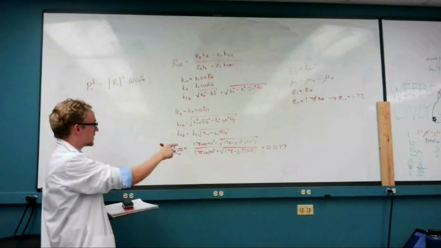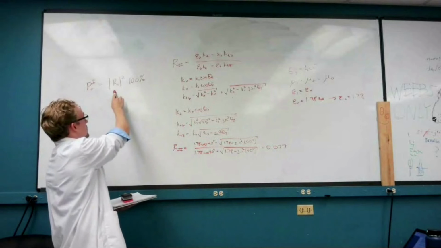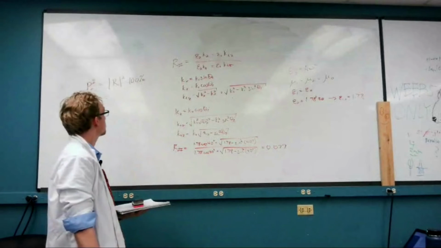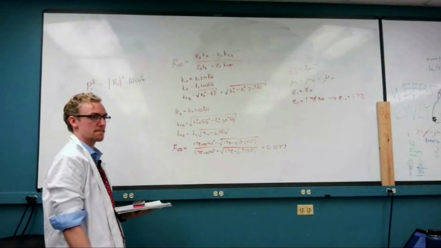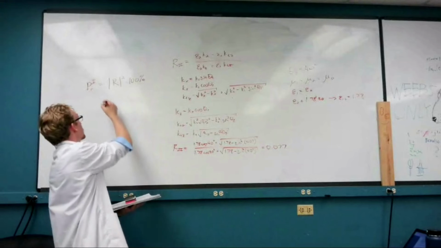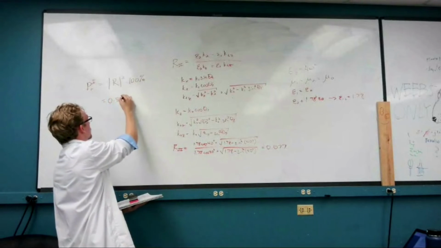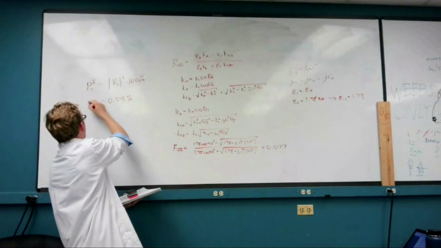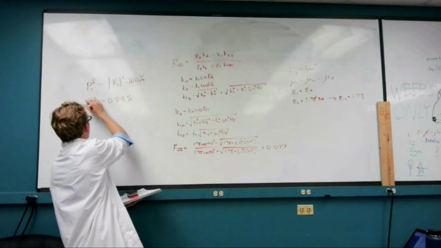So if you were to put this R value into here, what do you get? 0.59? You multiplied that by 100? All right.